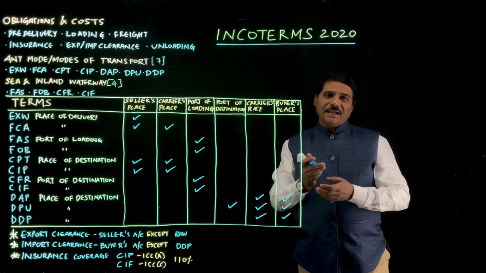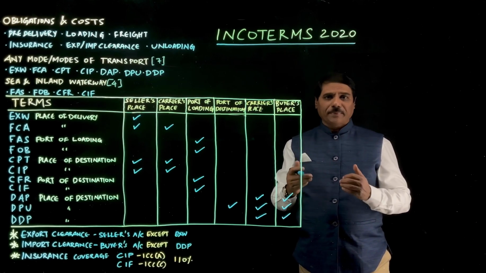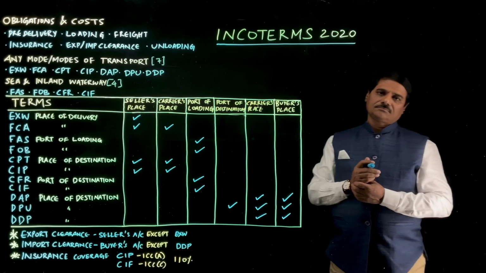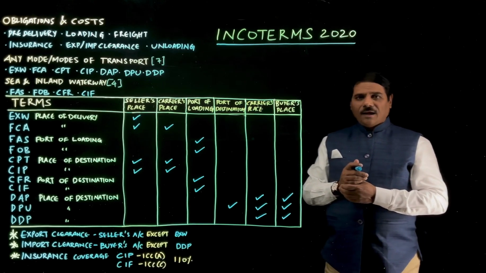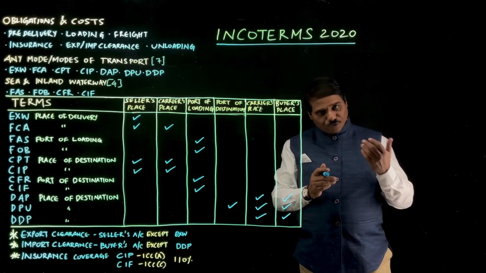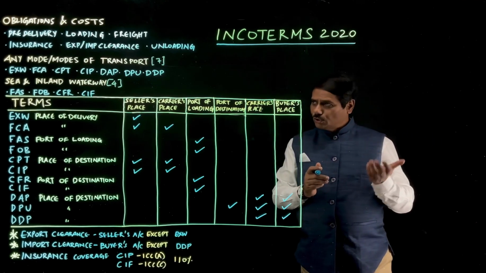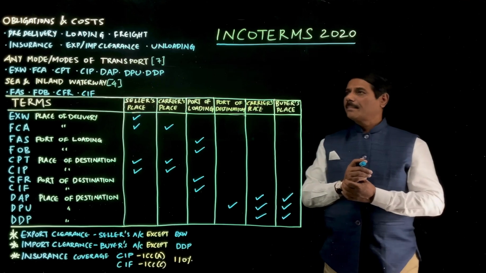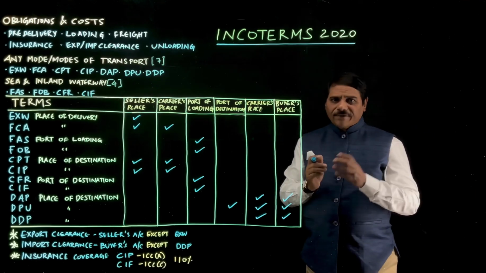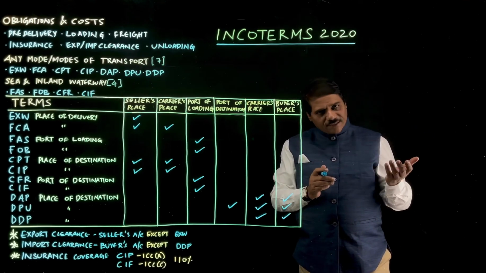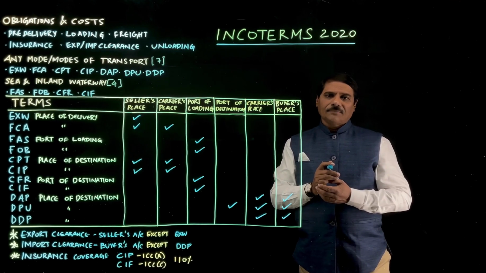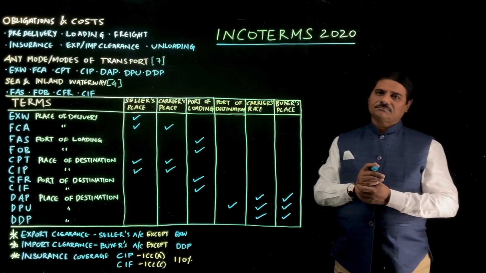And export clearance, that includes paying export duties. And in the buyer's country, import clearance, again payment of duties, VAT, etc. And finally, unloading charges at the place of destination.